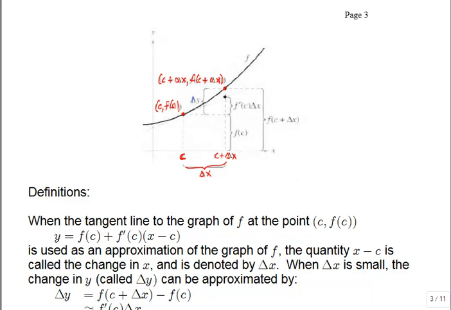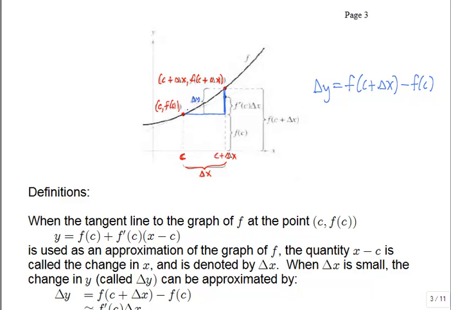So delta y is the vertical distance between these two red dots, this vertical distance right here. So delta y is defined to be that upper y value, f of c plus delta x, minus f of c. So this y minus this y.